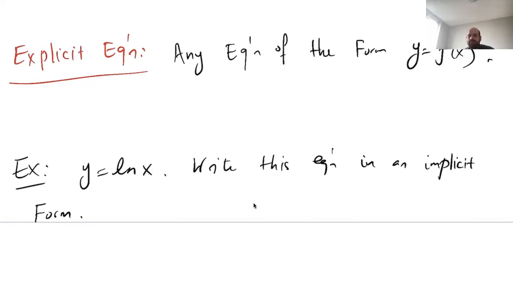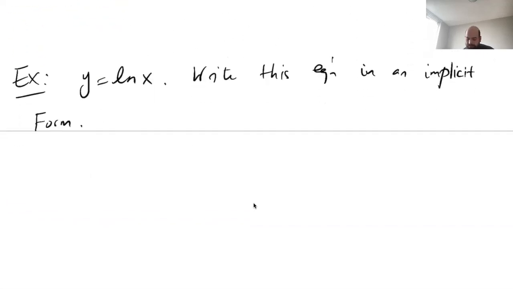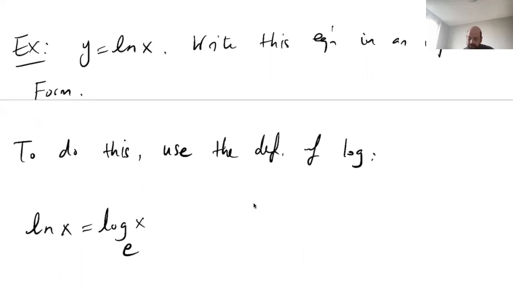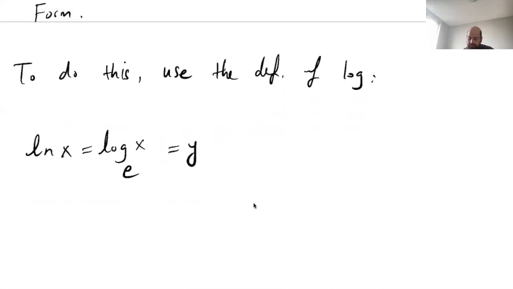To do that, we can just use the definition of log. So what do we have? We have ln x, which is log x in base e, equals y. So we know that log a in base b equals c.